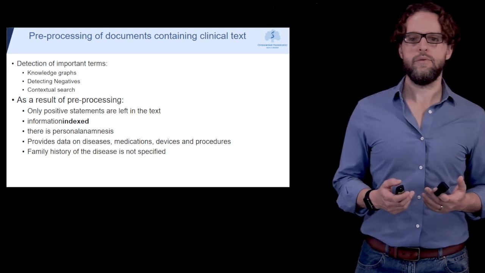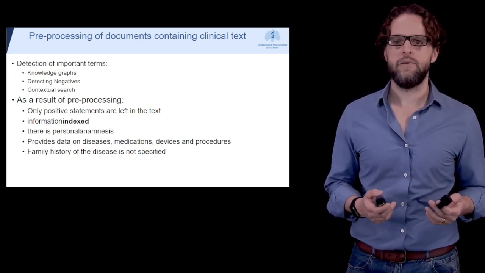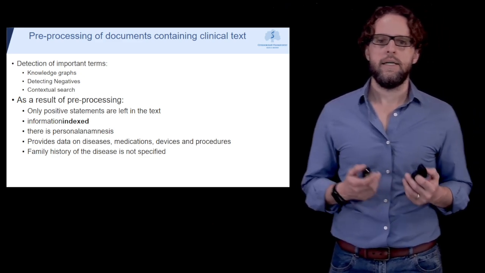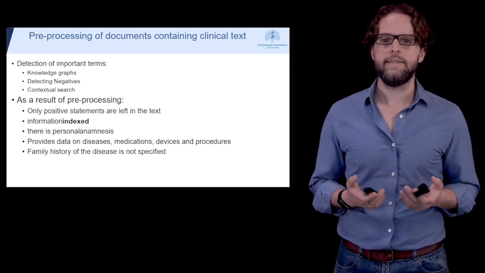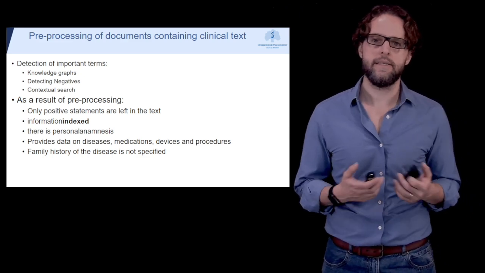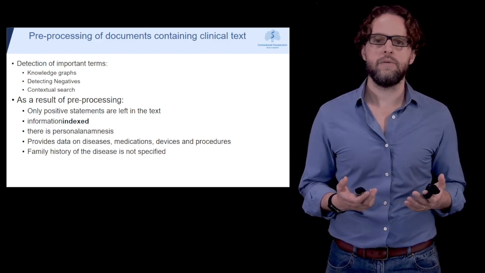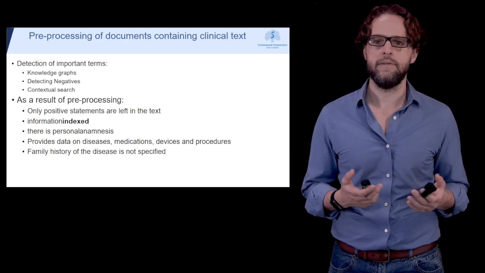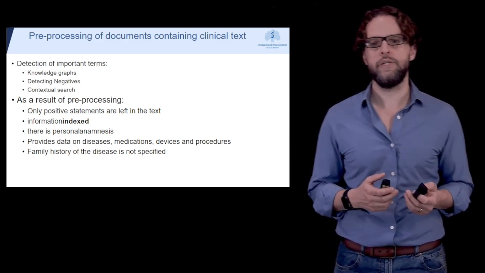As a result of preliminary processing of the clinical text, only positive statements and information are left in the text, indexed. It contains references to diseases, medications, devices, and procedures. Indexed means that we have fixed the location, for example, a line of the certain source text from which the information was taken.